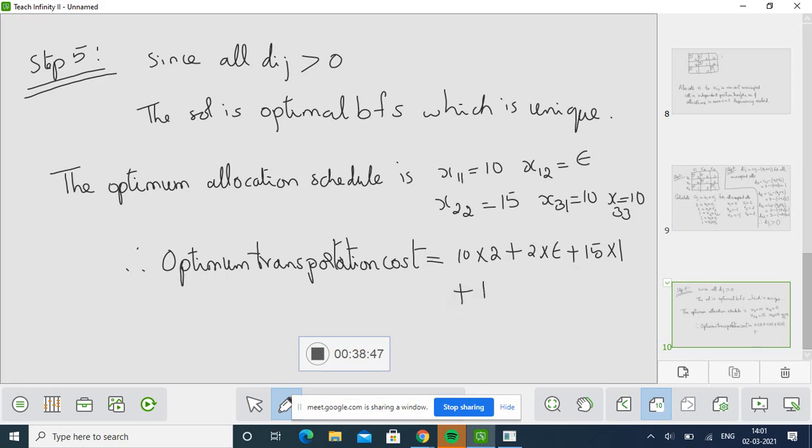Plus 10 into 1 plus 10 into 1. So 10, 10, 20, 20, 20, 40, 40 plus 15. Check here whether I am correct.